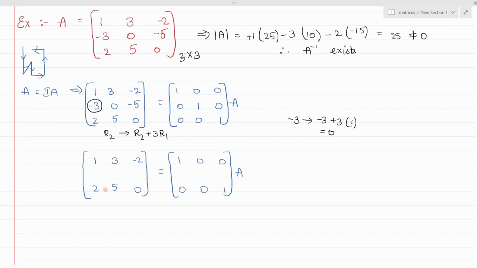Here row 1 and row 3 elements remain the same, so only row 2 elements change. So it becomes 0 over here, and 3 threes are 9 over here, and minus 5 minus 6 becomes minus 11. And here also the elementary transformation works, so it becomes 3, 1, and 0.